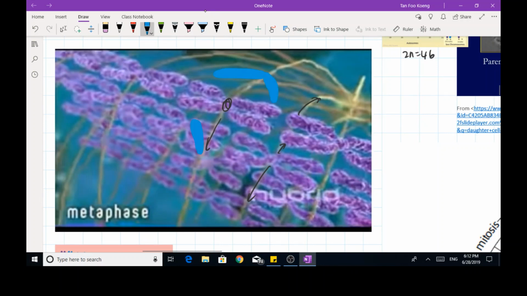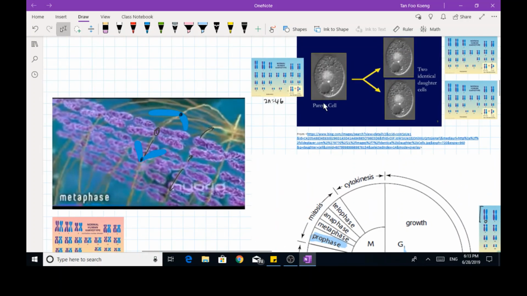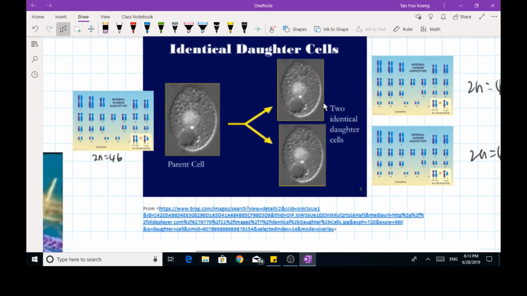These two used to be a pair of sister chromatids. Due to the shortening of spindle fibers, they will pull apart, forming 2 daughter chromosomes. What are daughter chromosomes? Daughter chromosomes are newly formed chromosomes. Basically, they are just chromosomes.